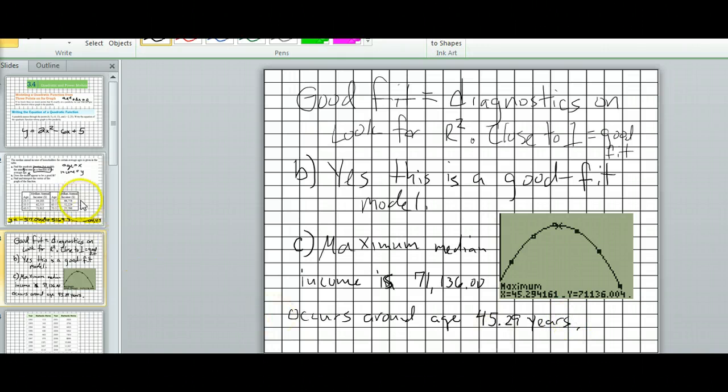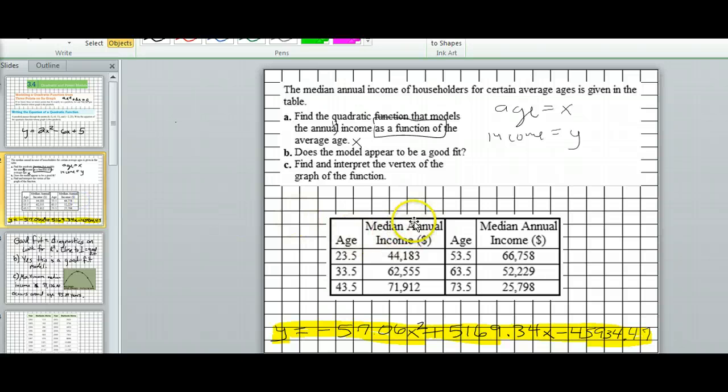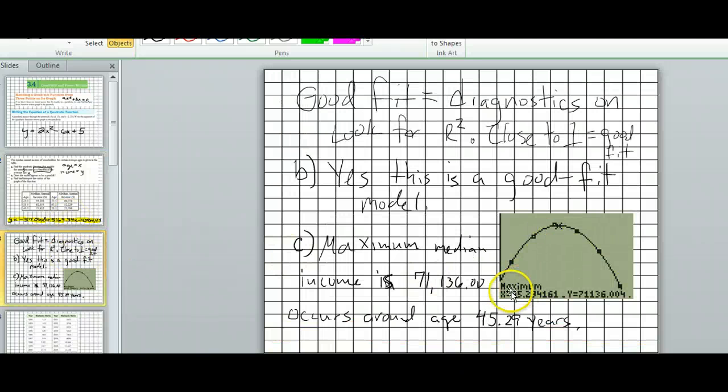Alright, so the maximum median income occurs at this average of these ages. Okay, that's what that vertex means. It's about when you maximize your income, basically.